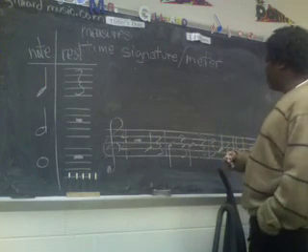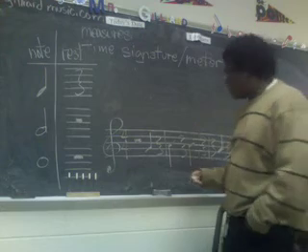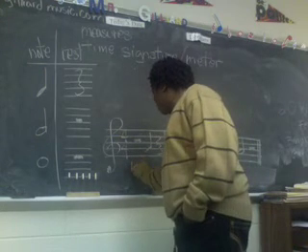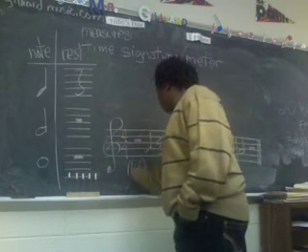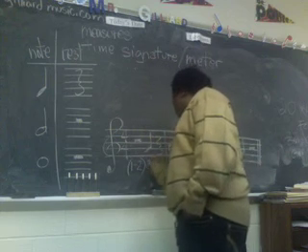Let's put some numbers underneath of these real quick. Half rest, 2 counts. First 2 beats of the whole thing, we'll put them in parentheses. 1-2. Beat 3 is a quarter note.